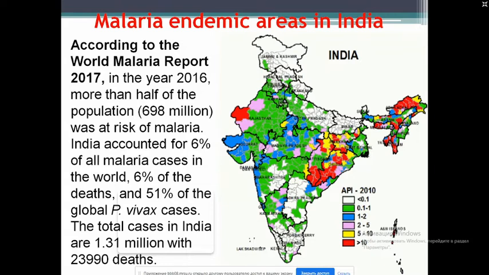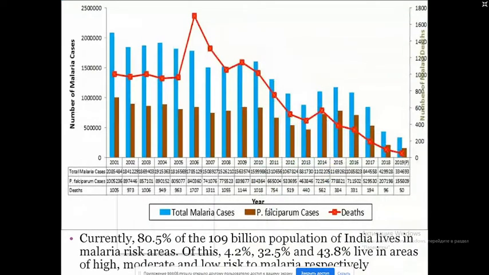The total cases in India are 1.31 billion, with almost 24,000 deaths. On the slide, you can see a dynamic, dear students, decreasing dynamic of malaria. Total malaria cases, Plasmodium falciparum cases, and death from malaria in India.